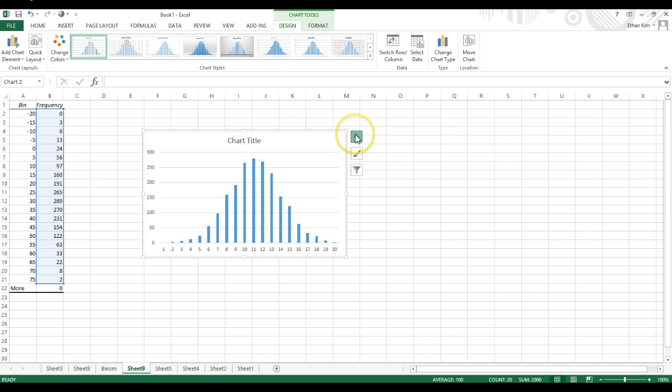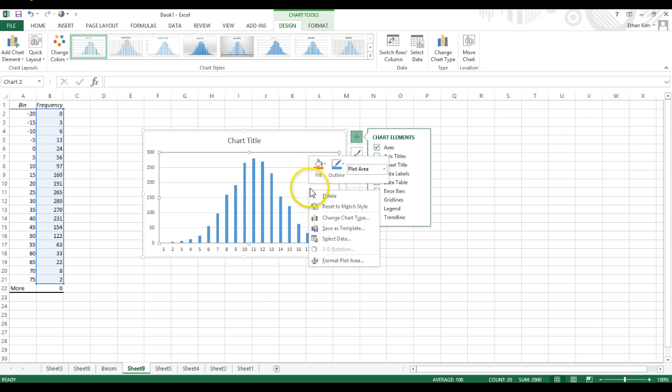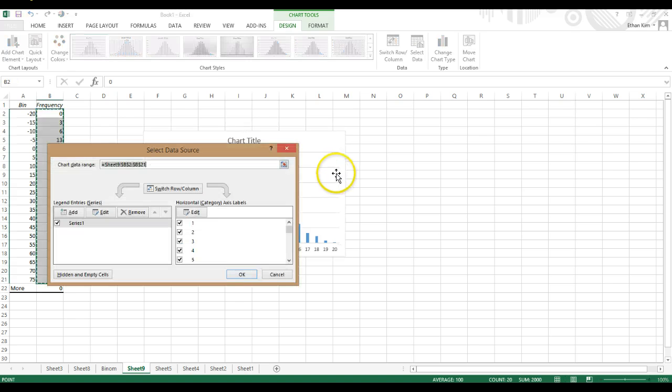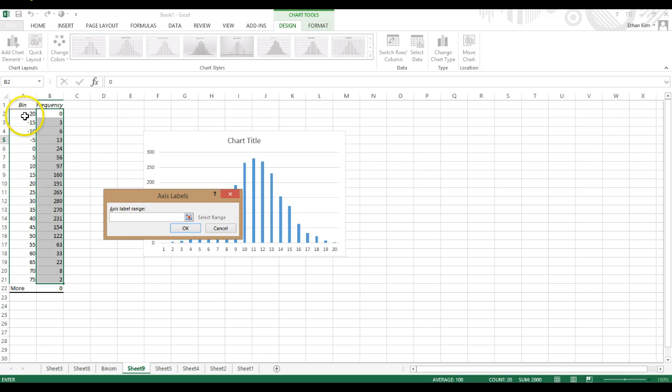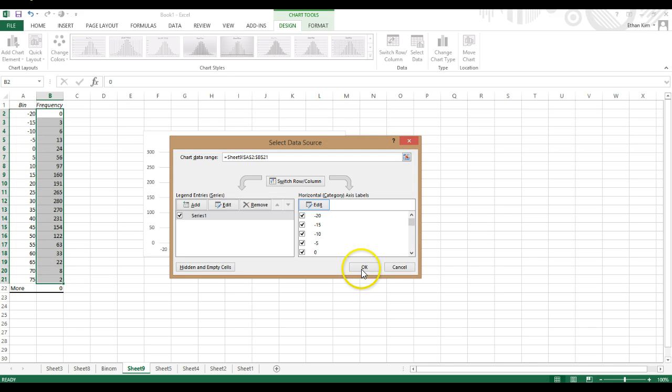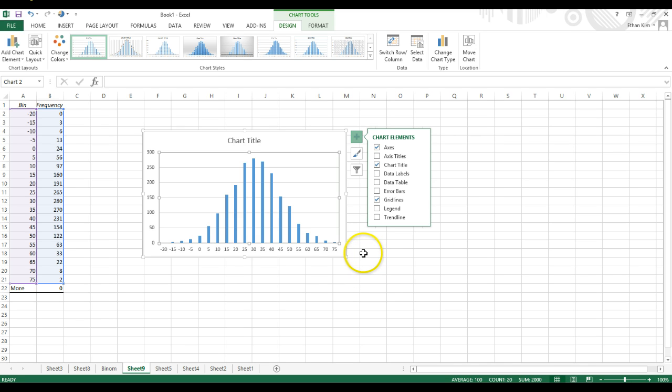And we might want to change this. So select data and just change the horizontal axis part. You can just select the bin range, and you press OK, and it gives you a nice curve.